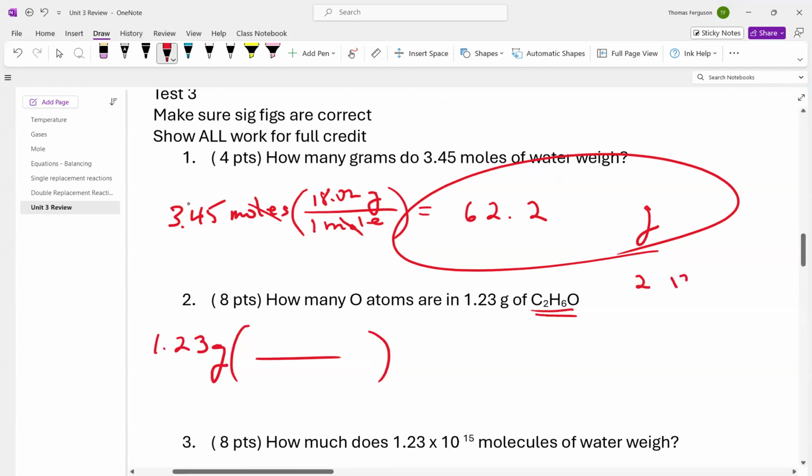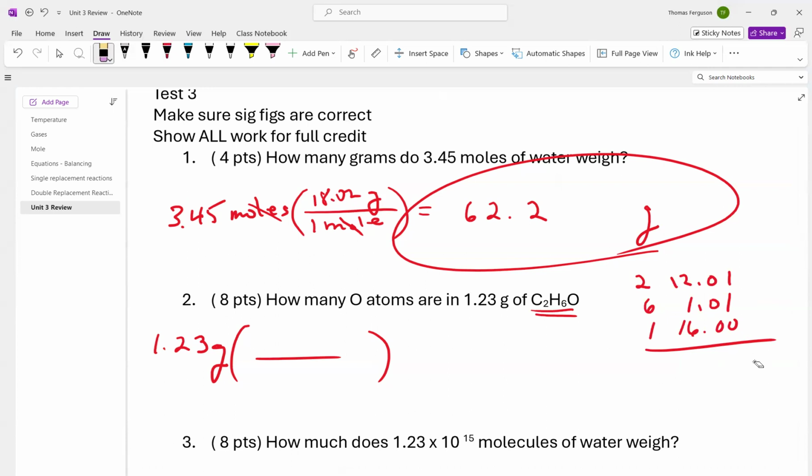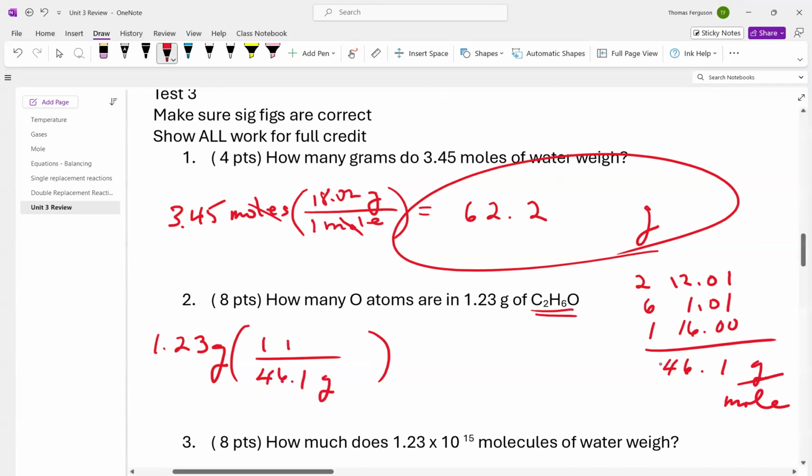So that's 2 carbons, 6 hydrogens, and 1 oxygen. Okay, so that gives us moles.